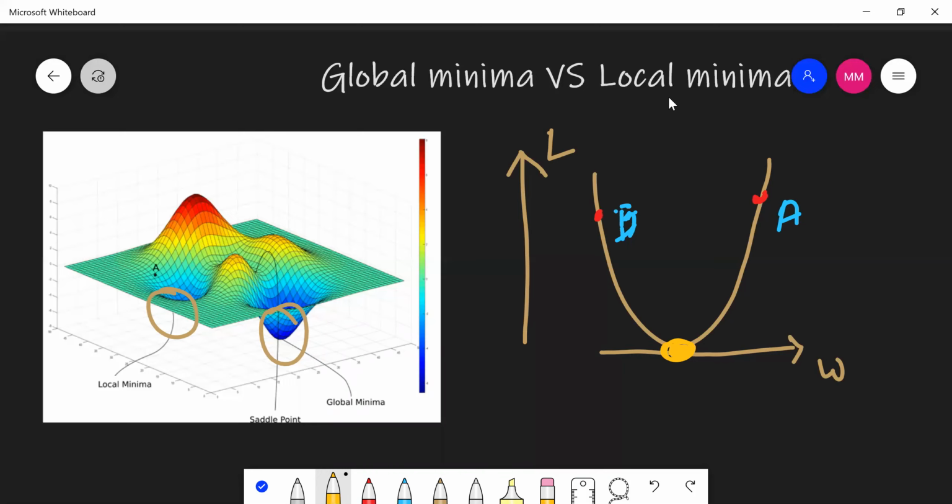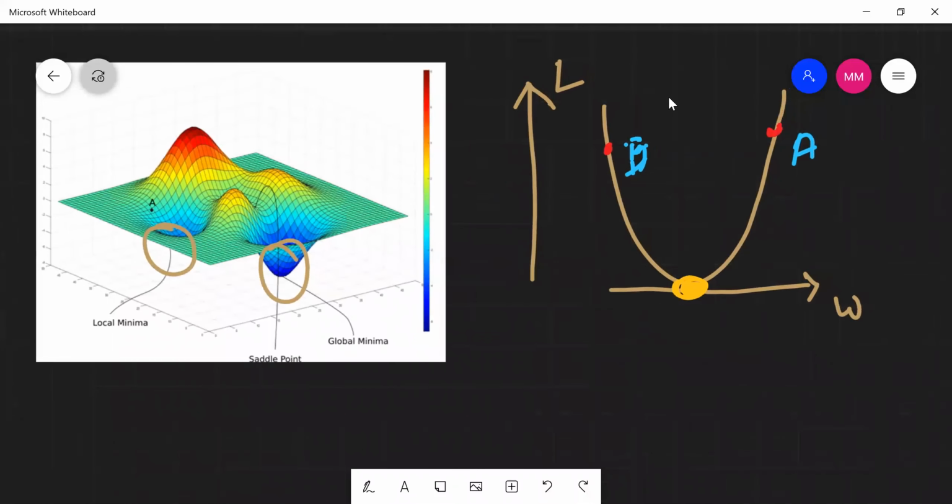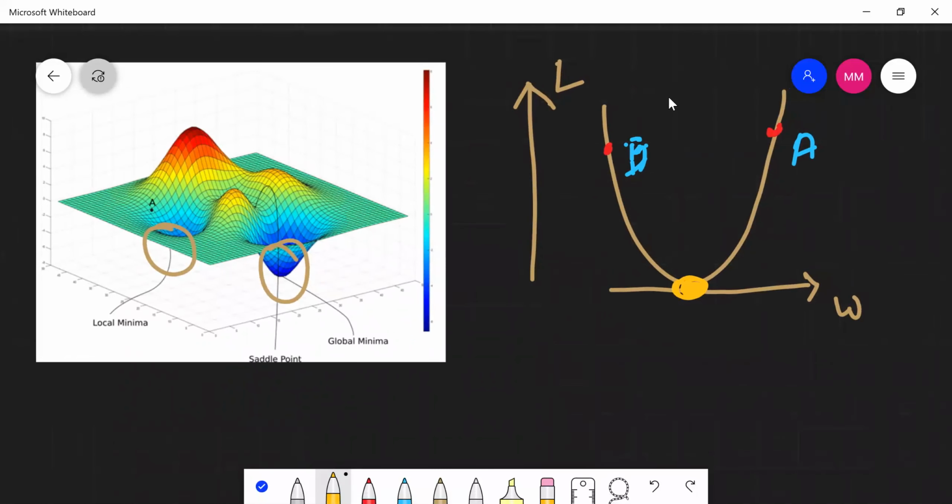In order to find the loss, this is a regression problem. In a regression problem we will be finding the cost function, right? What is the formula of the cost function? As we saw before, the loss is equal to the summation of i equals 1 to n of (y minus y dash) whole square. This is the formula of the loss function.